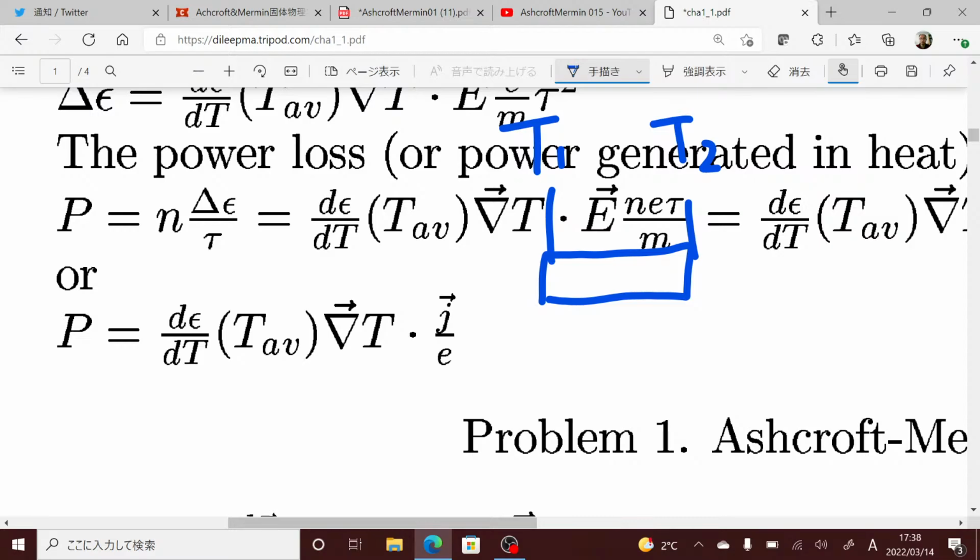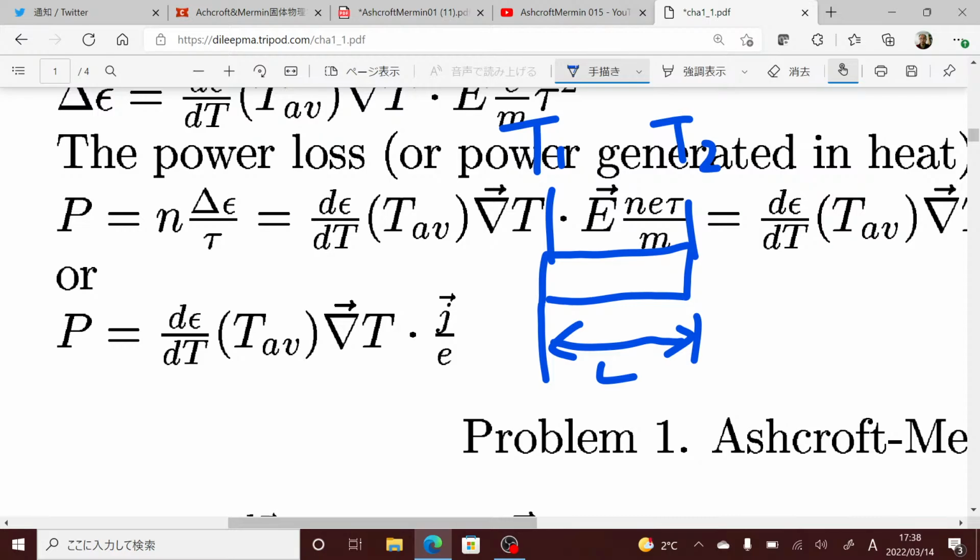Then the temperature of one side of the sample is T1, and the temperature of the other side is T2. We also assume the length of the sample is L.